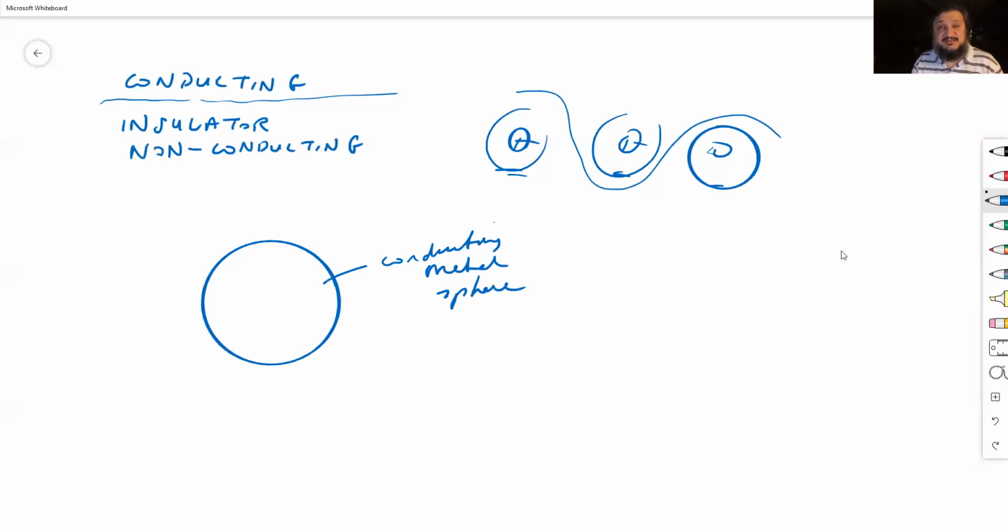Initially neutral, there is no charge on it, and it's sitting on a pedestal which is made of wood, which is not a conductor. Okay, so how can you charge this? So there's this method of induction. That's how you charge them.